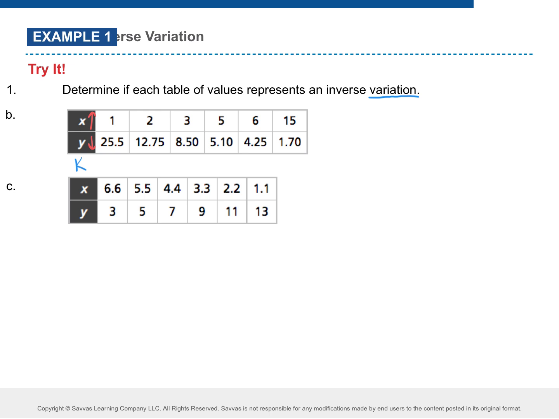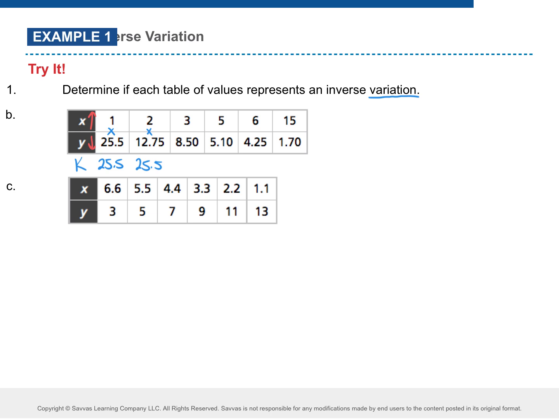Okay, so multiply 1 times 25.5 is 25.5. 2 times 12.75. Can I just assume the rest of these? Yeah, so how far should we actually go? The whole way. Okay, you cannot assume once these first two match, I can't just say, oh, okay, this is a constant of variation, because the fifth one couldn't match.